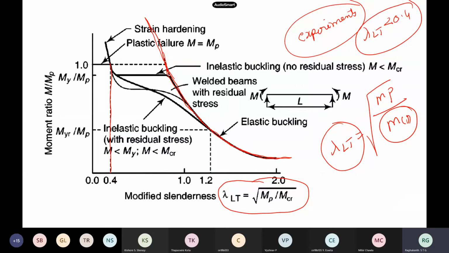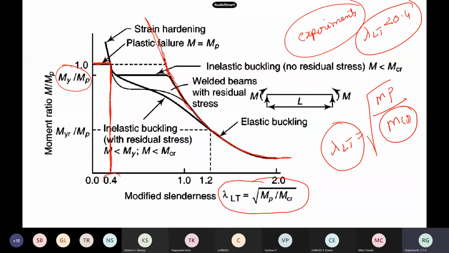See this graph, here it is My by MP. Less than 0.25, so what is happening here? Does buckling become important or not? So this beam fails in what? Bending. It is an ordinary bending failure.